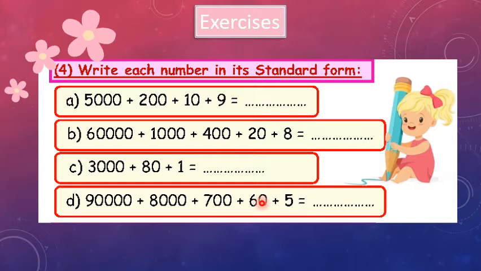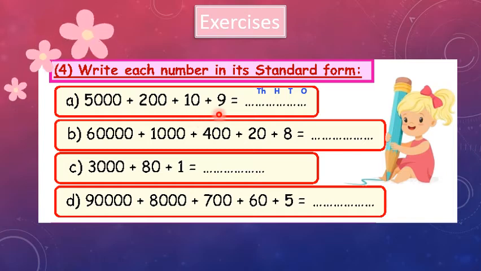Let's go to another exercise. Write each number in its standard form. Here we have expanded form and want to combine this number in its standard form. First of all, write your place values. Yes, ones, tens, hundred, and thousand, because we have 4 parts here.